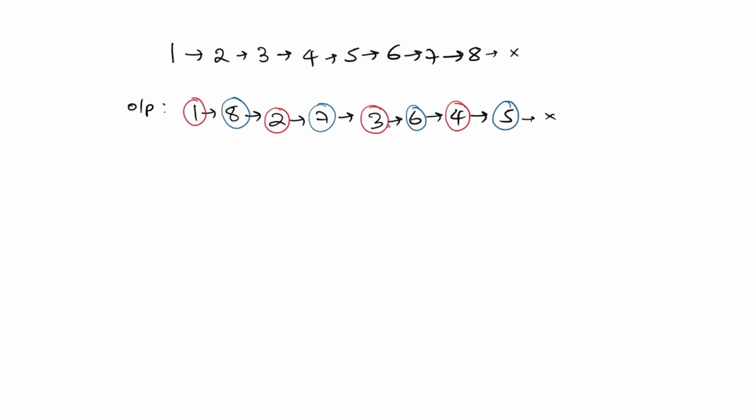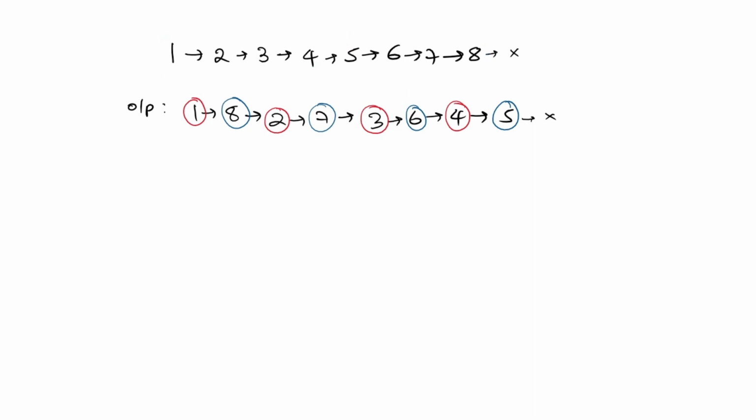The first thing that crosses my mind is, what if I divide this linked list into two parts, reverse the second linked list, and then just merge these two? So this approach really would work. Let's just see how we can do it.